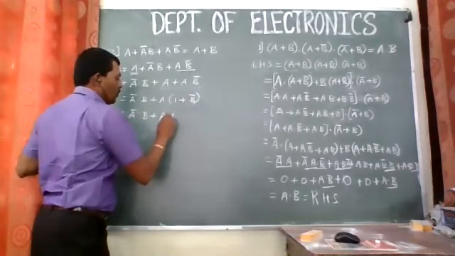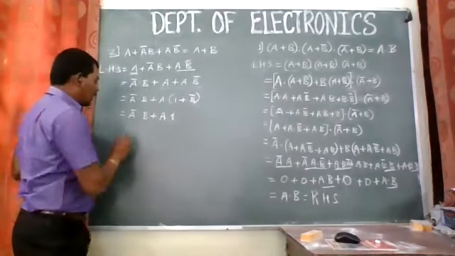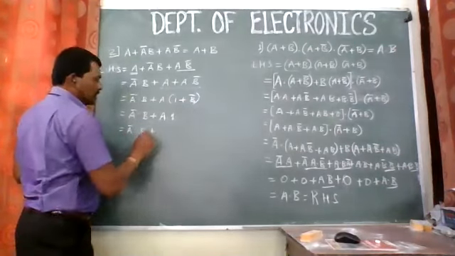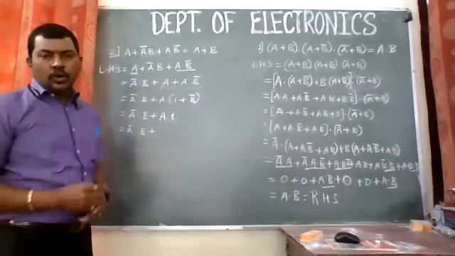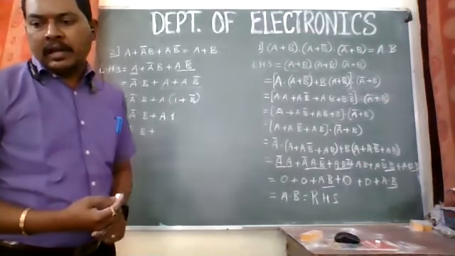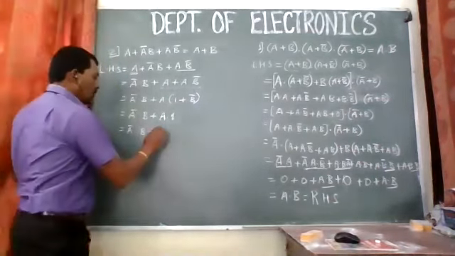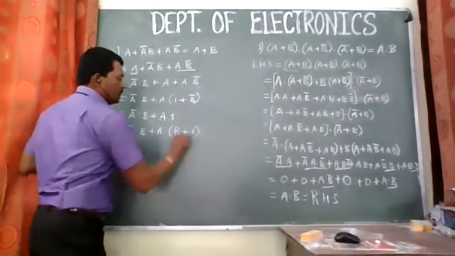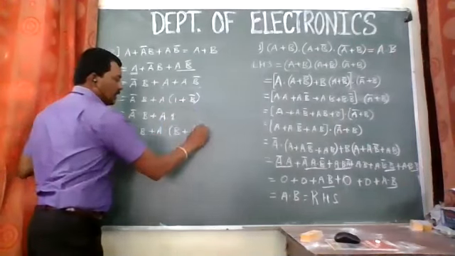So I am using that over here, so a dot 1 is over there. Now this 1 can be written again as b plus 1. So this is the trick.